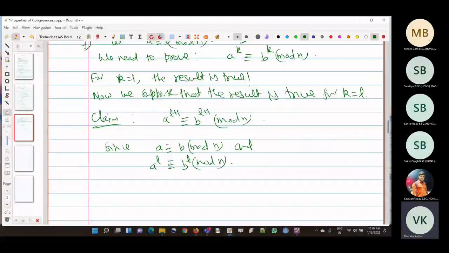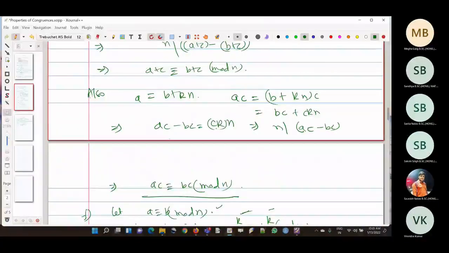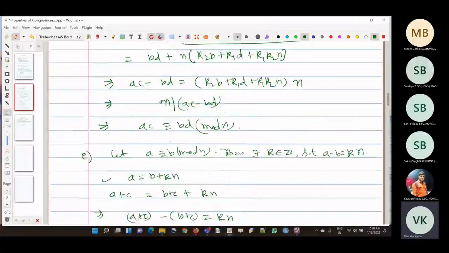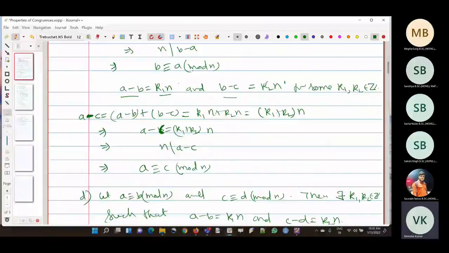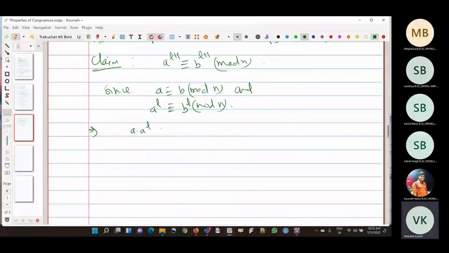Just now we have seen in part D that we can multiply two congruences side by side. So let us multiply them side by side. So this implies that A times A to the power L is congruent to B times B to the power L modulo n.